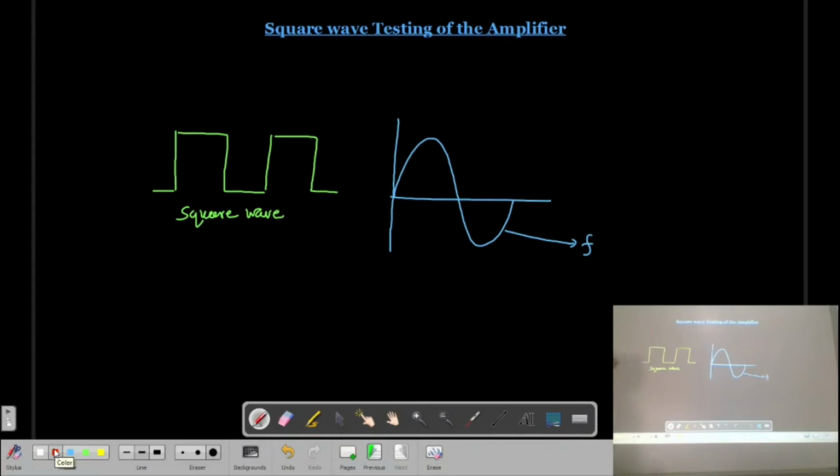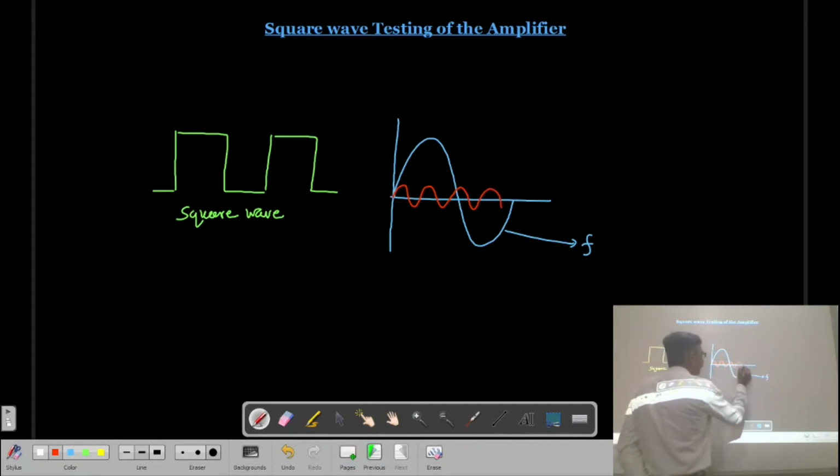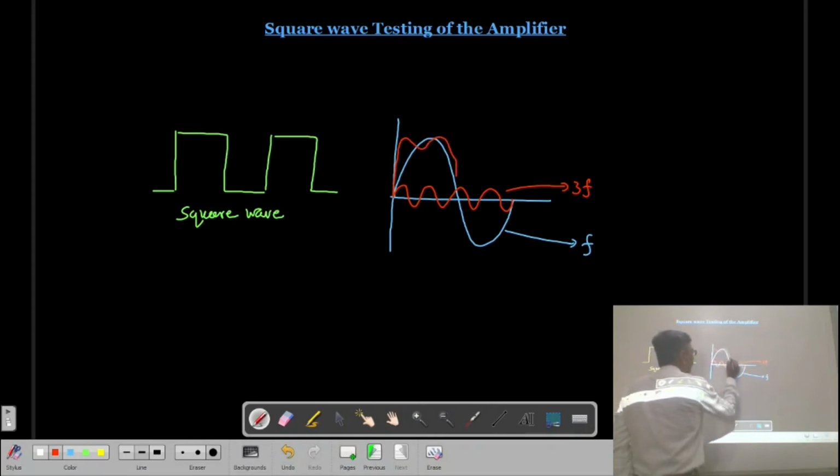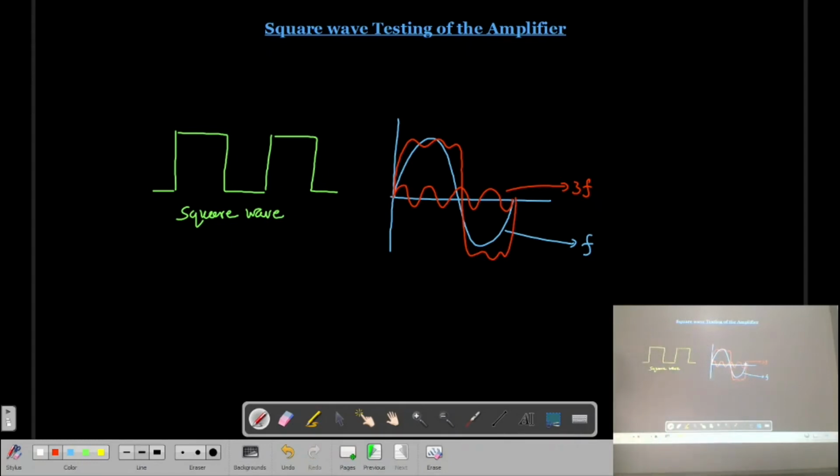Now I will take another frequency of 3f, and if this 3f is superposed on the fundamental frequency, then the shape of the signal will be like this.